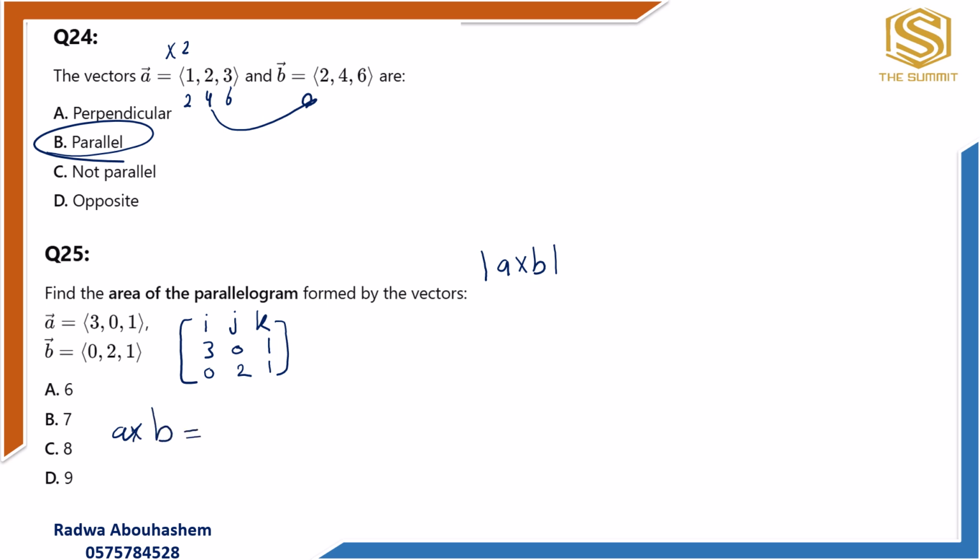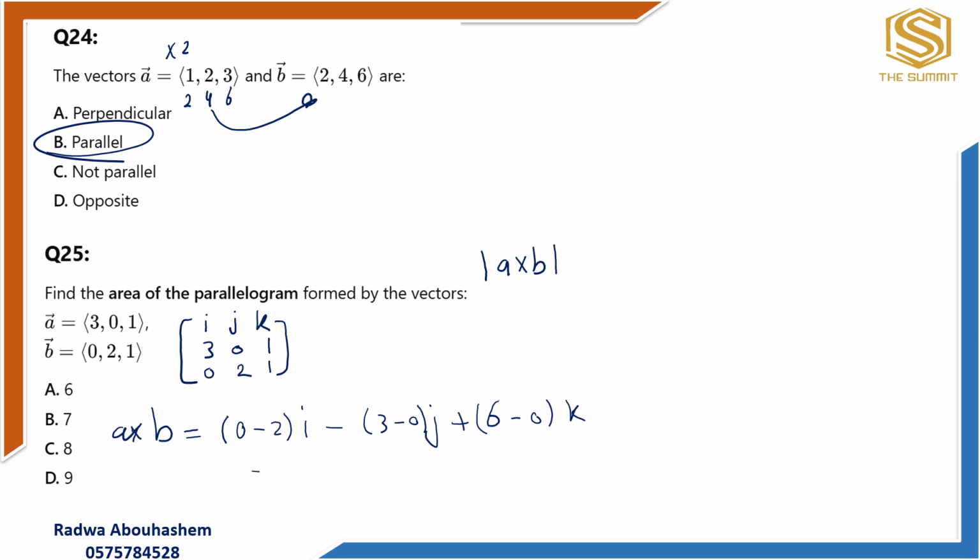So it's 0 times 1, it's 0, minus 2i, minus, let's go for the j, 3 minus 0j, let's go for the k, 6 minus 0.